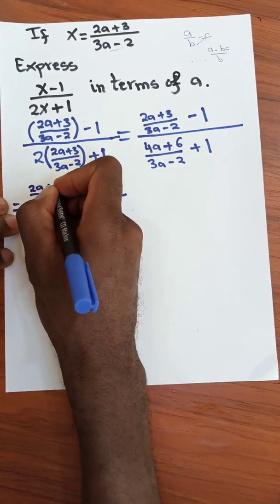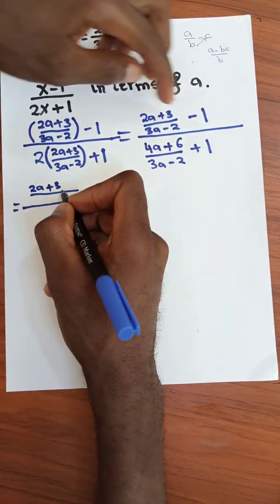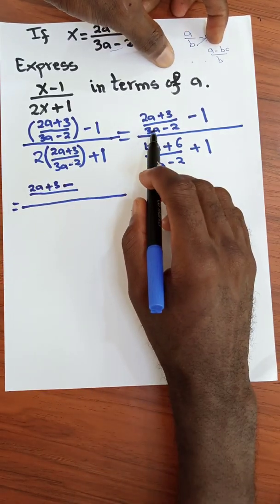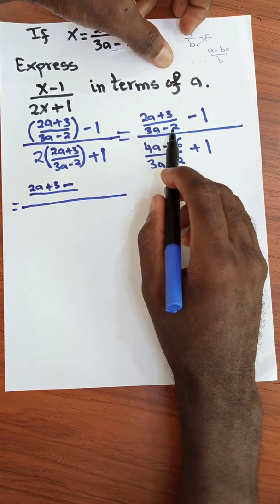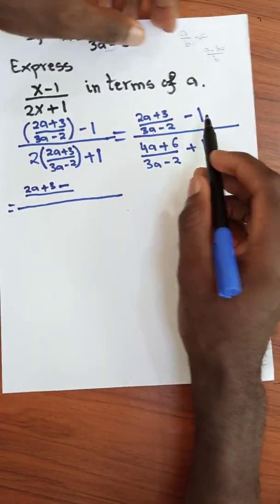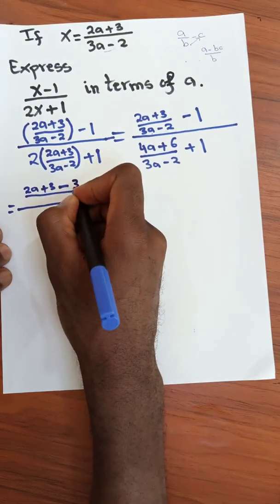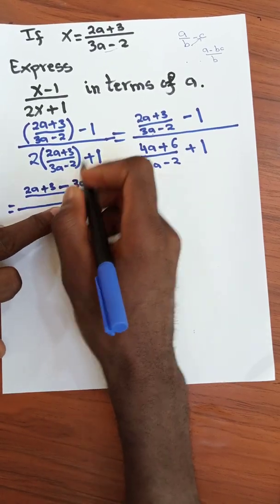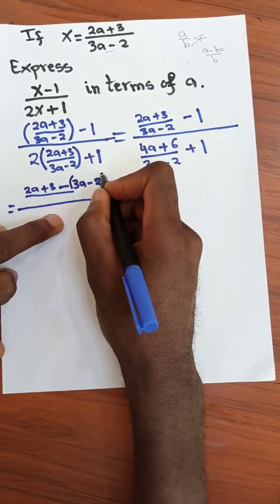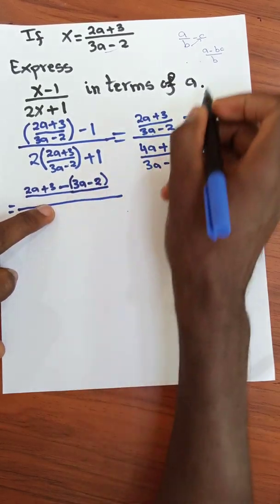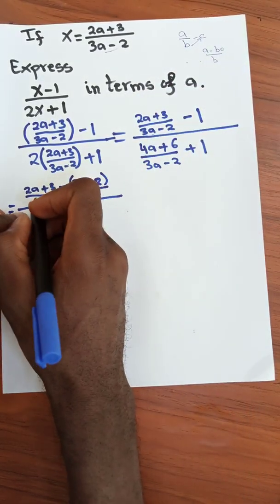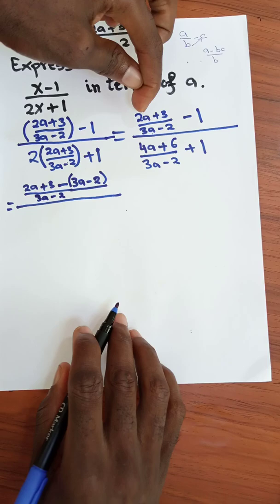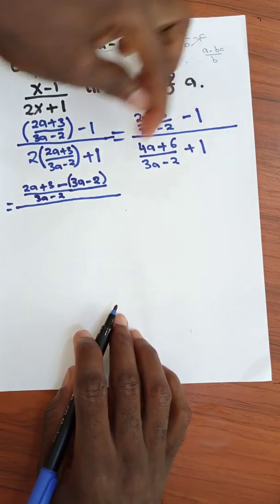Minus, we said minus bc, so minus the b, our b here is 3a minus 2, times the c, times 1. Any number times 1 is the same number, so minus (3a minus 2). Remember, here is minus, so let's put that into brackets. We are writing it as a single fraction, divided by 3a minus 2. So we have been able to express this numerator as one fraction now.